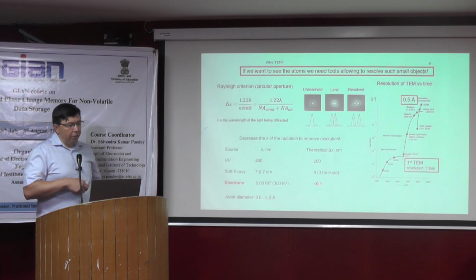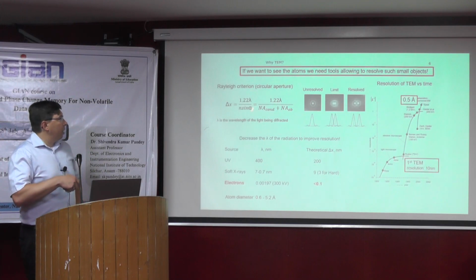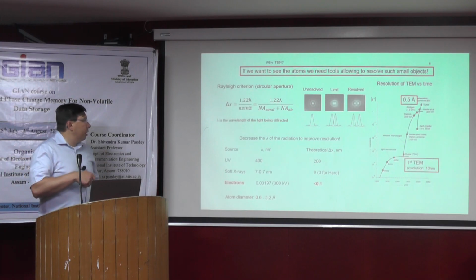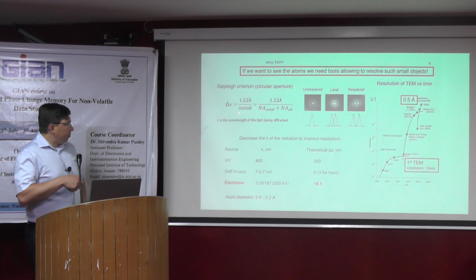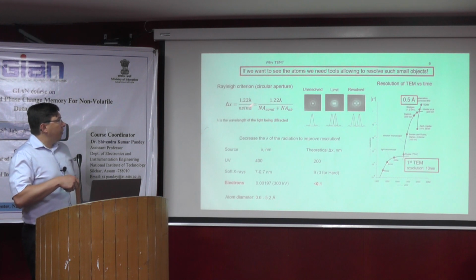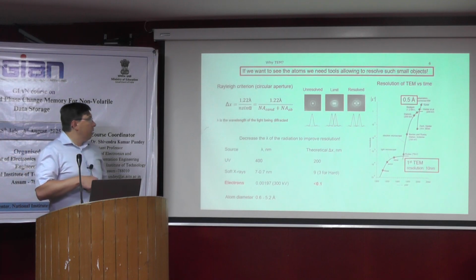Lambda is the wavelength, in this case of the light, n is the numerical aperture, and alpha is the diffracted angle.